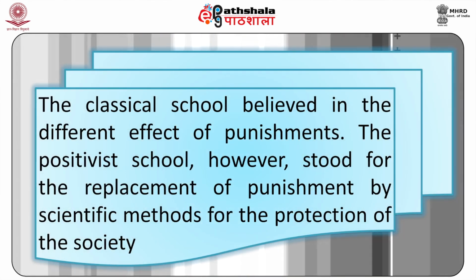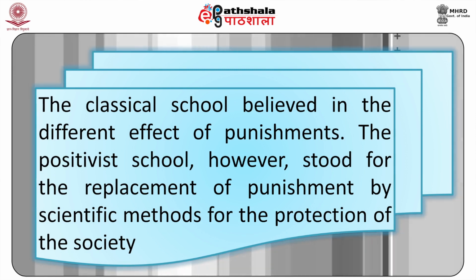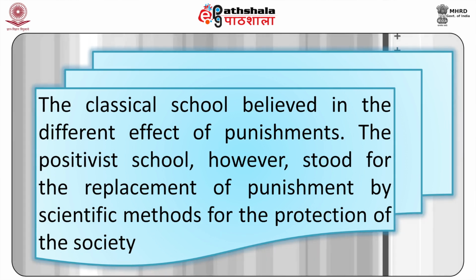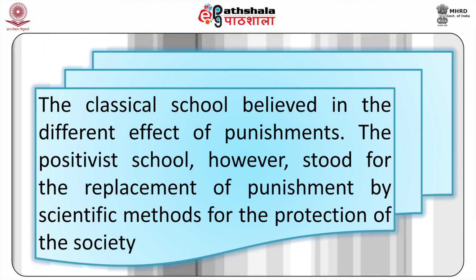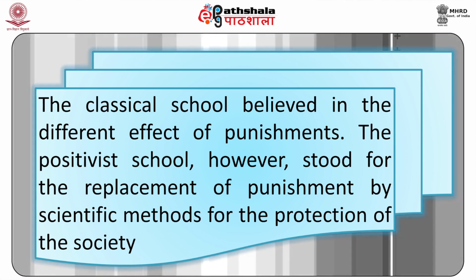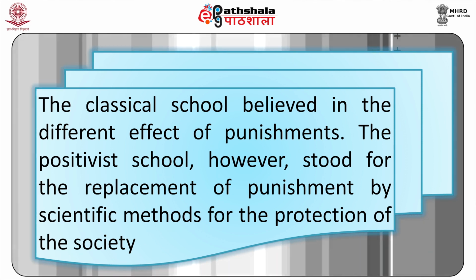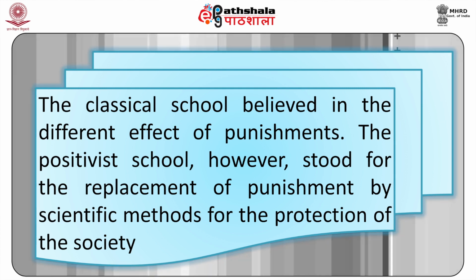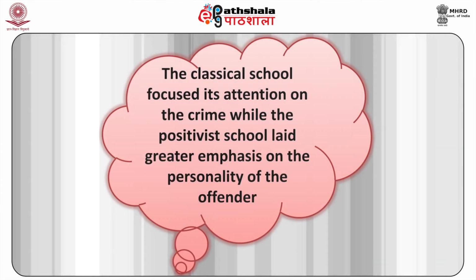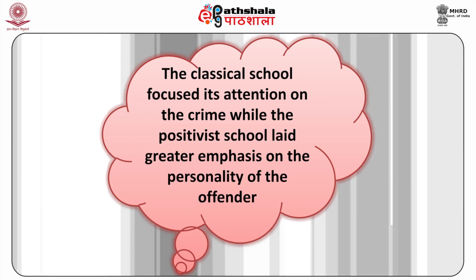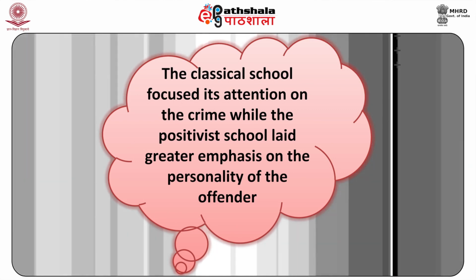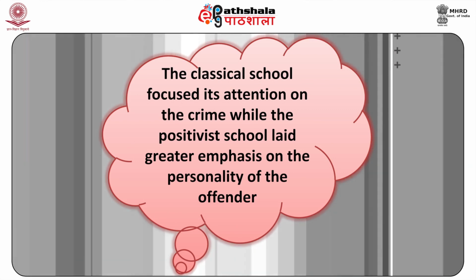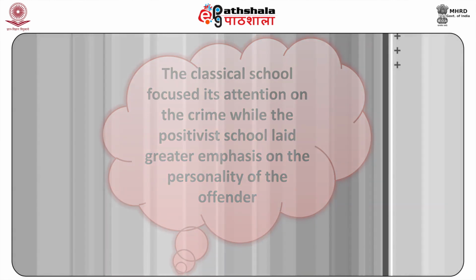The classical school believed in the deterrent effect of punishments. The positivist school, however, stood for the replacement of punishment by scientific methods for the protection of the society. The classical school focused its attention on the crime, while the positivist school laid greater emphasis on the personality of the offender.